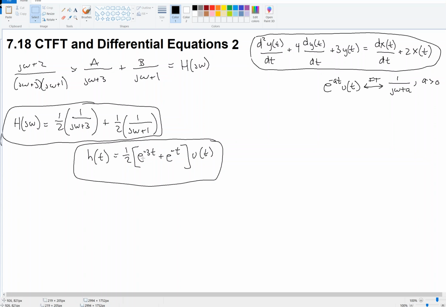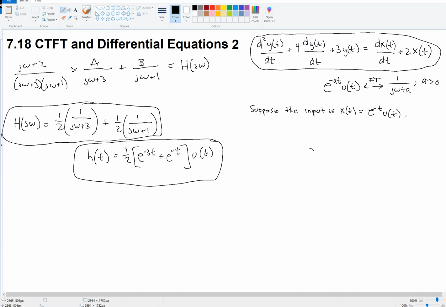That's where we're at. Now, we're going to take this one step further, and we're going to say, suppose now the input to the system is x of t equals e to the negative t u of t.